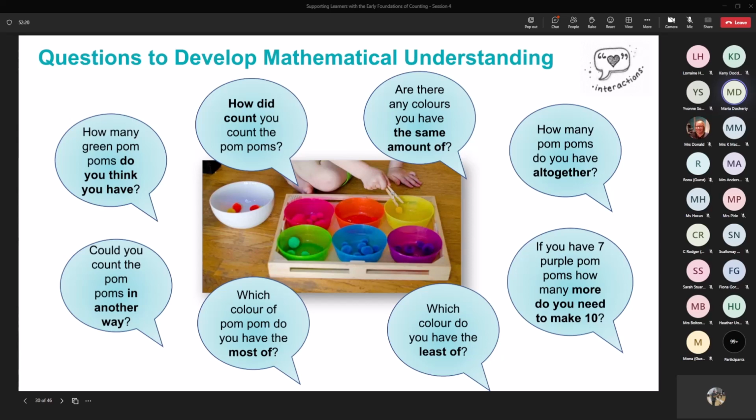And Yvonne and I are often asked through our engagements with people, how do you effectively gauge where learners are in their thinking or in their developmental progress? And questions like this, the ones that you can see on the slide, can really help you to identify what the learners know and understand, and can also be easily differentiated to suit your learners and indeed your context. So again, a worthwhile one to revisit.